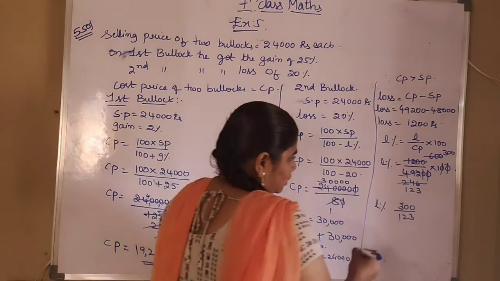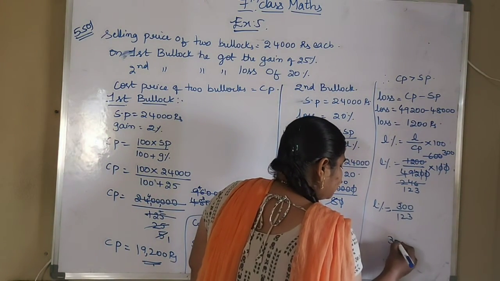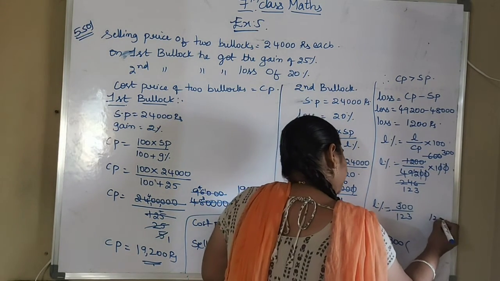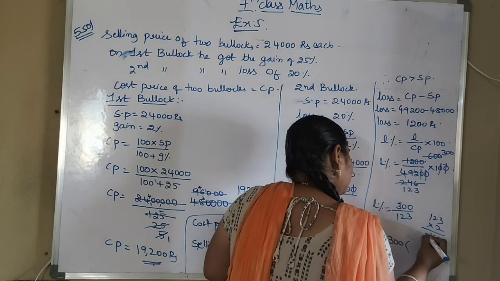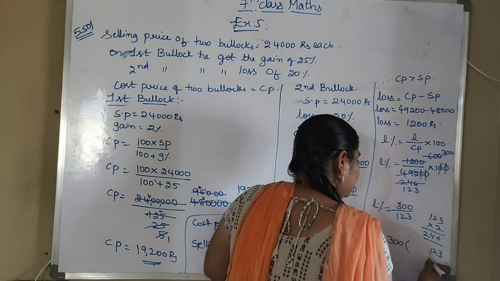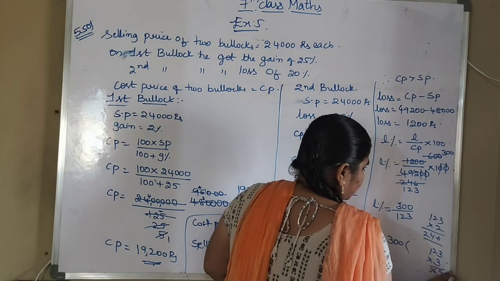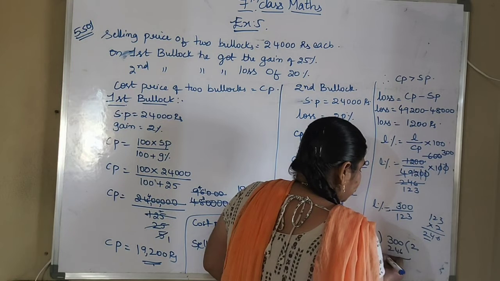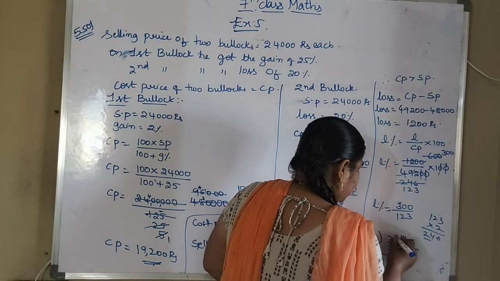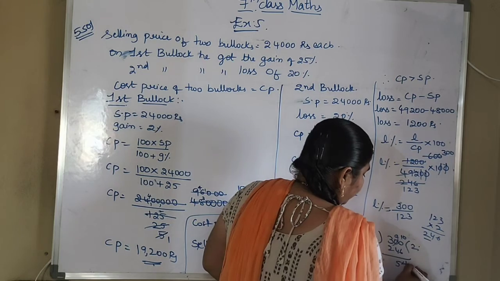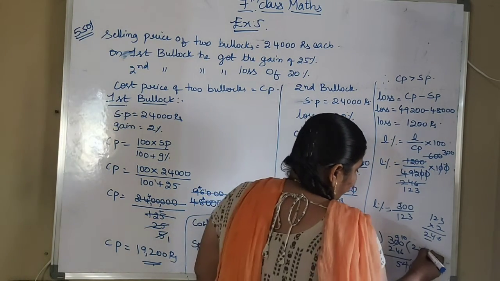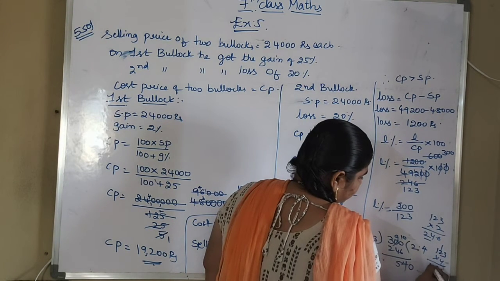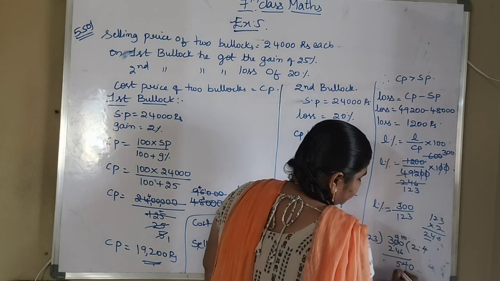So if you do this division, 123 2s are 246, and the remainder 54.0, so it can be taken as 4 times, that will be 492.